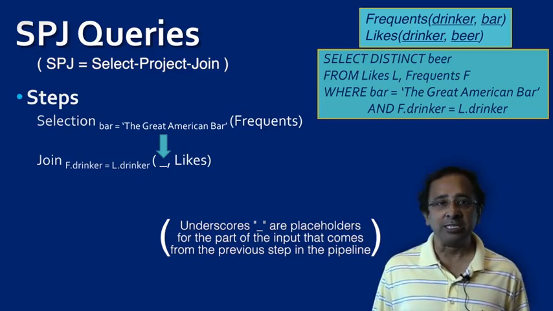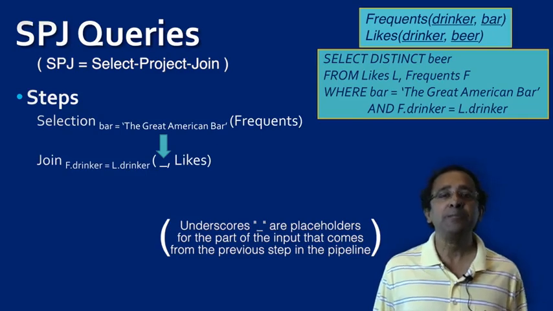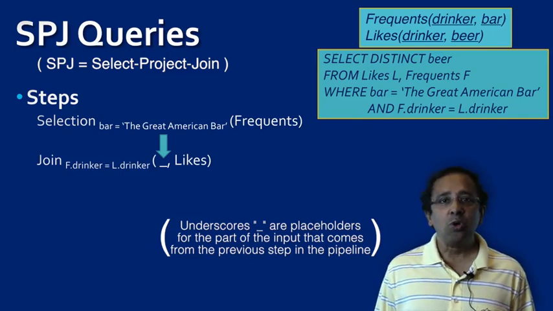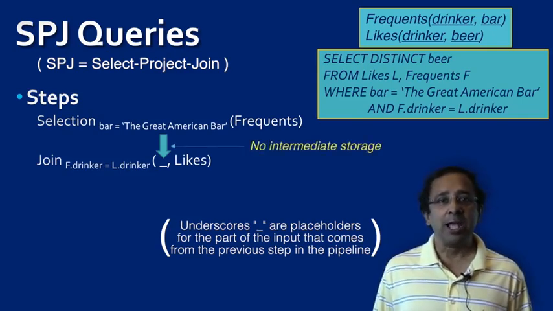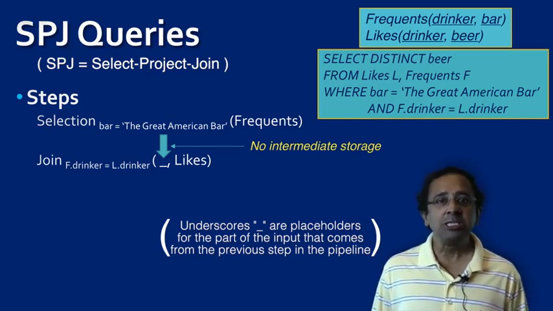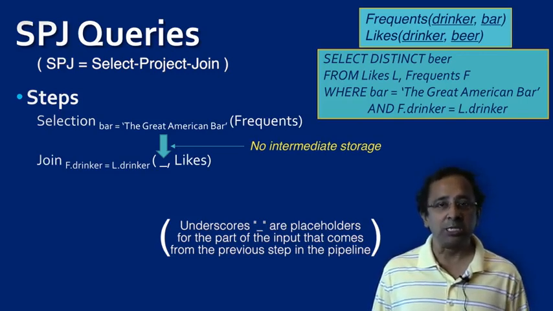Another way of saying this is that the result of the selection is piped into the join operation. That means we do not create an intermediate table from the result of the selection. The results are directly supplied to the next operator, which in this case is join.